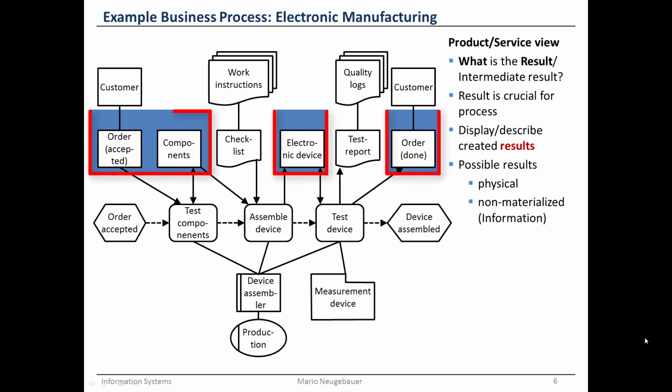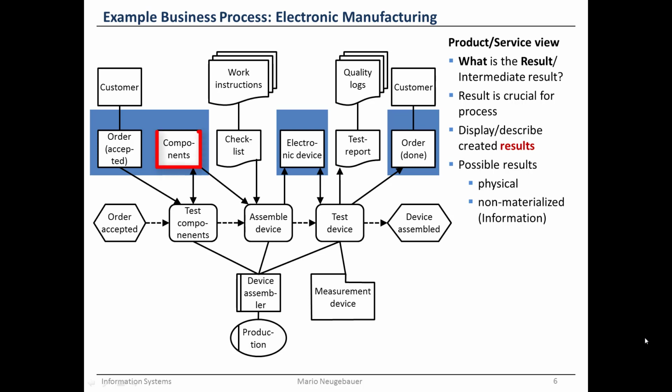So now the blue things which are highlighted here, the order, the components, the electronic device, and then the order which is done. These are the parts which can be understood as a service or a pre-product, which is required in certain process steps.